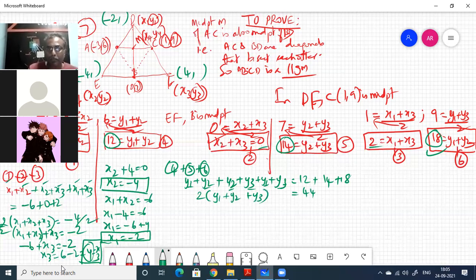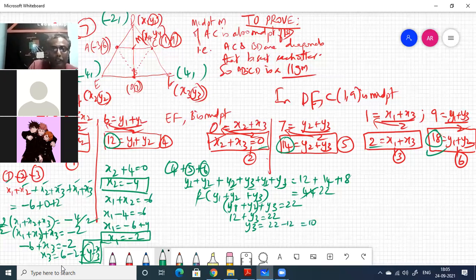Cancel the 2, this will be 22. So y1 plus y2 plus y3 is equal to 22. Now you know y1 plus y2 is equal to 12, so 12 plus y3 is equal to 22. y3 is equal to 22 minus 12, which is 10. So y3 is 10.